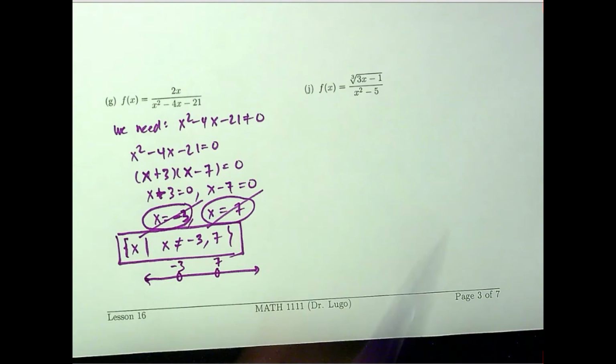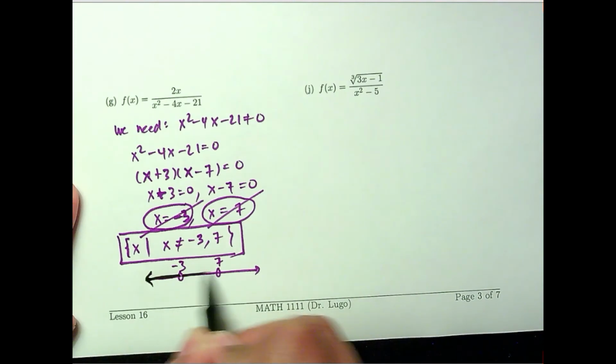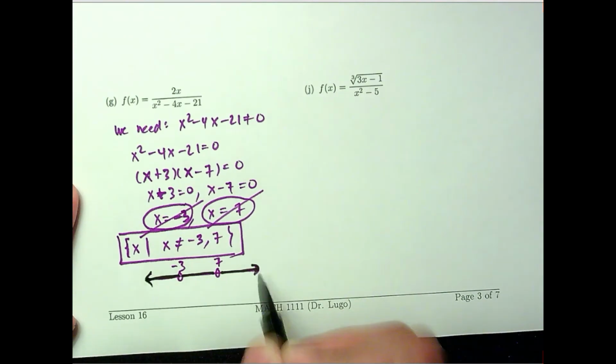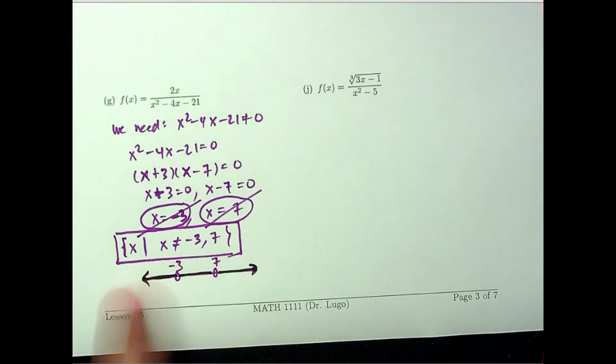These are the only two numbers that you do not want. Everything else you do want. So you want that, you want that, and you want that. The real line is divided into 3 pieces, so when you write this in interval notation, you need 3 intervals, 1 interval for each of those pieces.